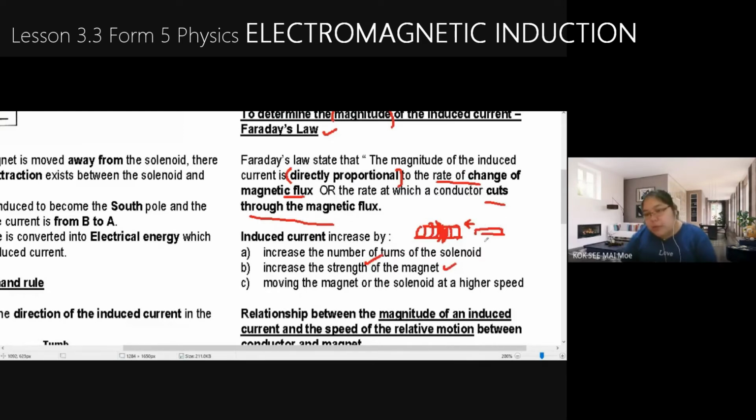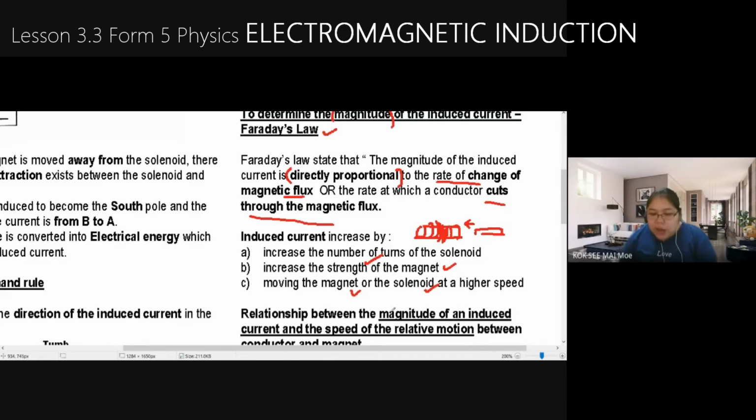A strong magnet means more magnetic field, so when you go in, you also cut more flux. Last one, move the magnet or the solenoid faster. Make sure the direction is opposite. If you want faster cutting, make sure it's opposite direction, then you can cut more flux faster. So these are the 3 situations to make the induced current become strong.